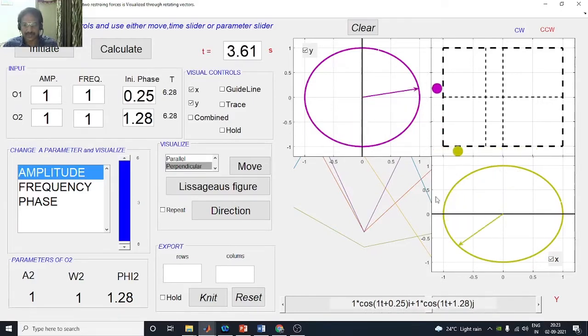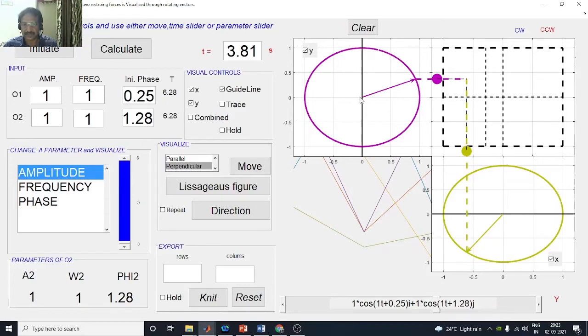Now in my earlier videos I have explained how to use the rotating vector to describe a simple harmonic oscillator. So we take the projections of these vectors. For example, here for this oscillator the projection of this vector is taken on the x-axis, and that becomes the position of this oscillator with respect to the mean position.